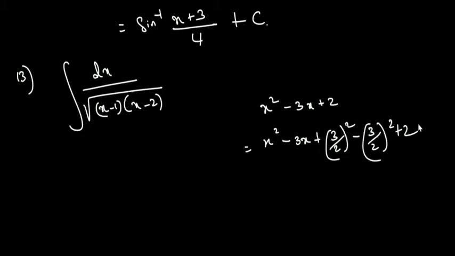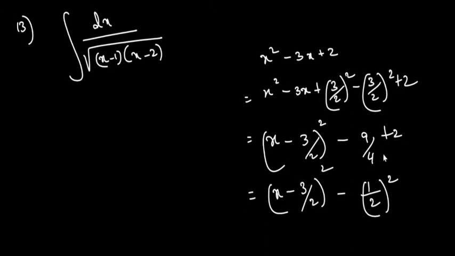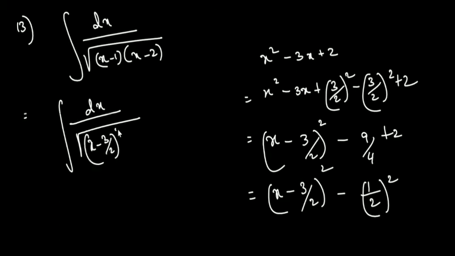So that will become, this is x minus, the middle sign is minus, so it is minus 3 by 2 the whole square minus 9 by 4 plus 2. Okay. So minus 1 by 2 the whole square. Integral dx by root of x minus 3 by 2 the whole square, 1 by 2 the whole square.